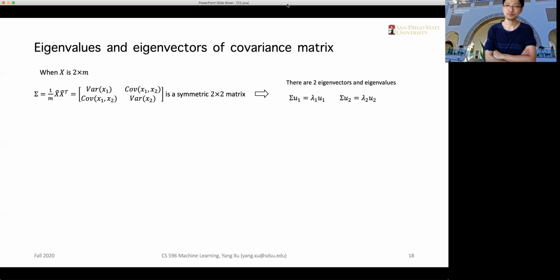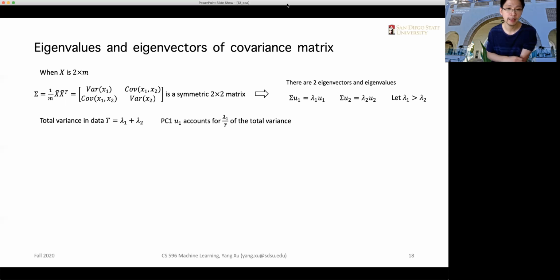The covariance matrix sigma times u1 should equal lambda 1 times u1, and assume that lambda 1 is the bigger one among these 2. Then we can define the total variance in the data as lambda 1 plus lambda 2, and PC1, u1, accounts for lambda 1 over the total, which is lambda 1 over lambda 1 plus lambda 2.